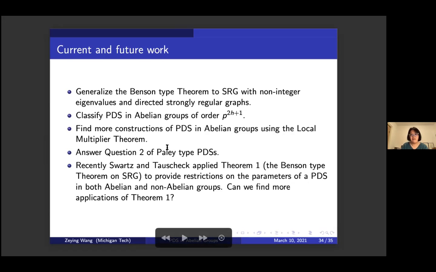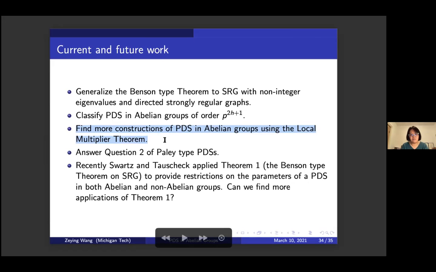Now, Suxing was asking me, so most of the time I've been doing existence questions, but in our 4p squared case, we did give this sporadic case construction, right? We did recover it. Can we use a method like the characteristic matrix to do some constructions? That would be nice to take a look.